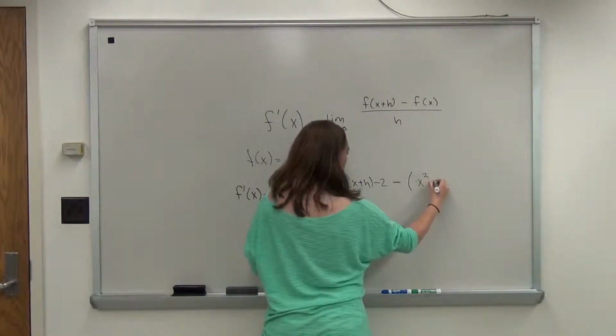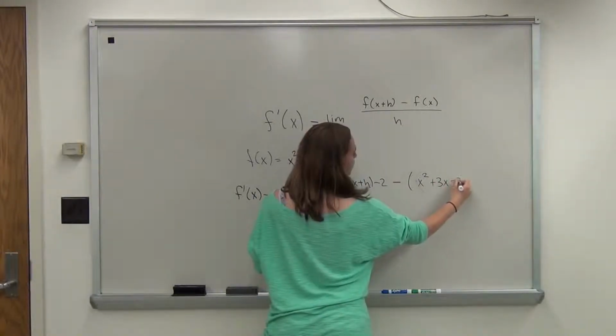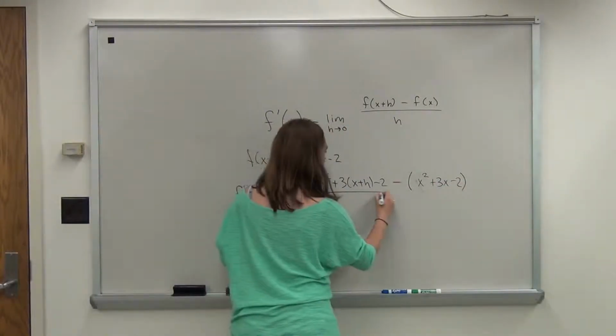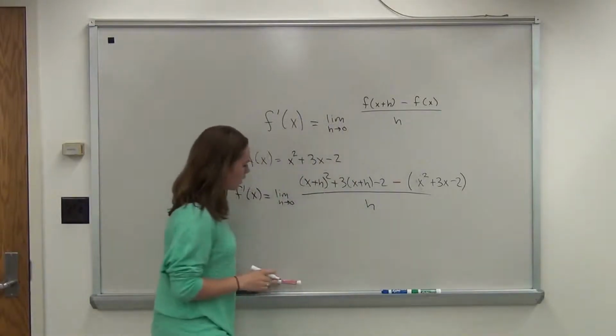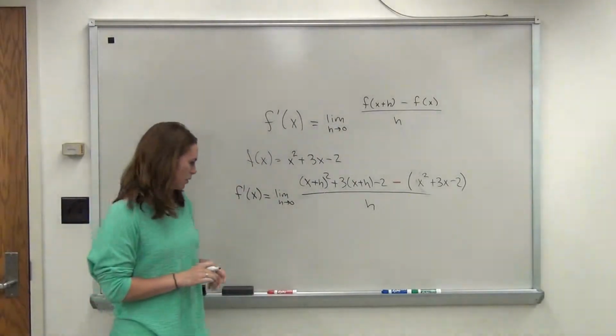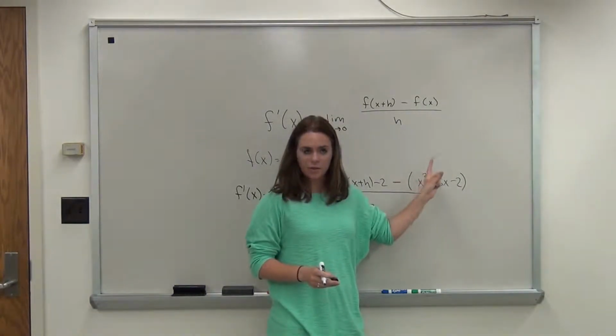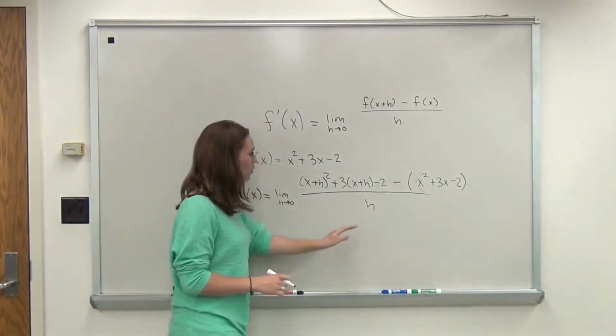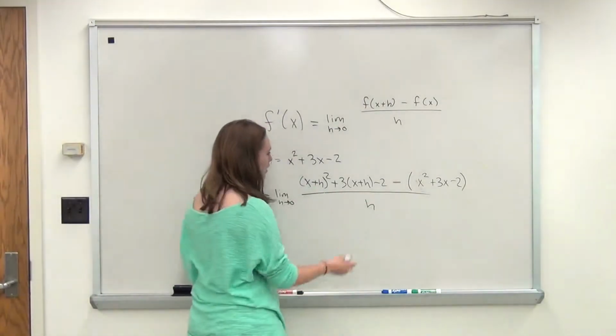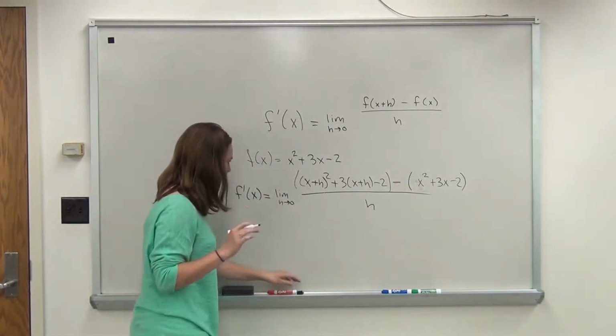Minus (x squared plus 3x minus 2). All this divided by h. Okay, so this setup is really important. These parentheses remind you that you do have to distribute this negative. So always write this part in parentheses. It's also good to write this in parentheses too, if you want.